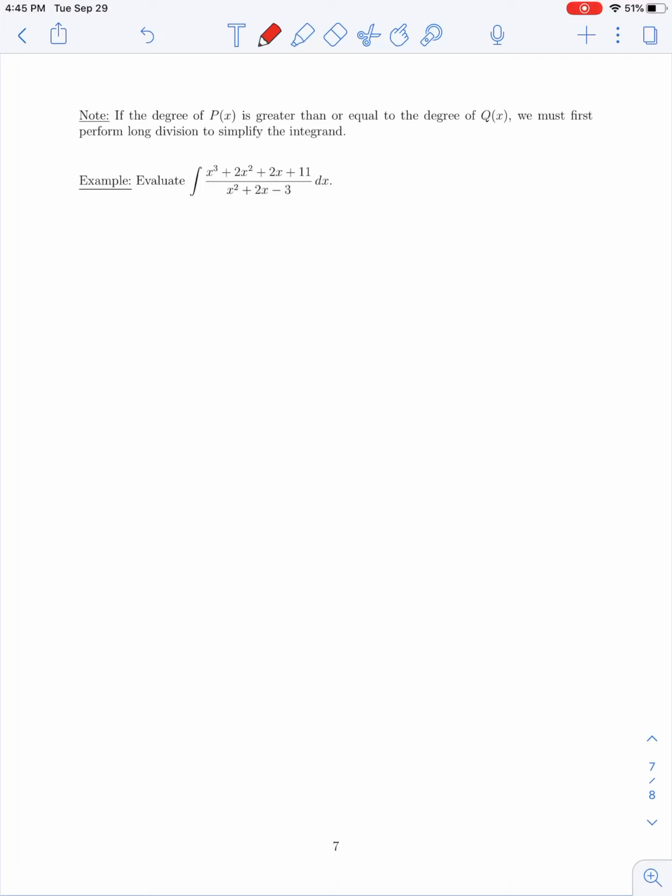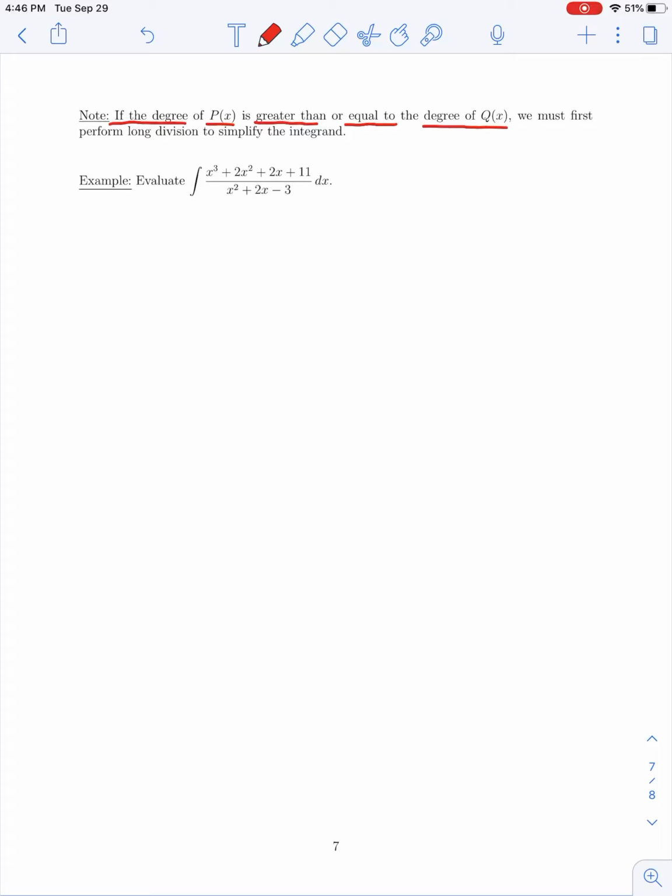However, not every rational function has the degree of the numerator less than the degree of the denominator. That was one of the assumptions we had been working with in the first parts of this section. So in this last part of the section on partial fractions, let's consider the case that the degree of p of x, the numerator of our rational function, is greater than or equal to the degree of q of x, which was our denominator.